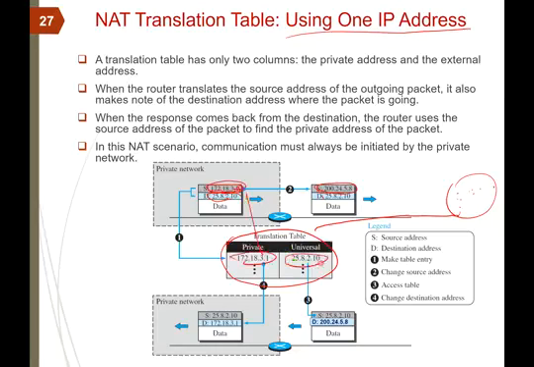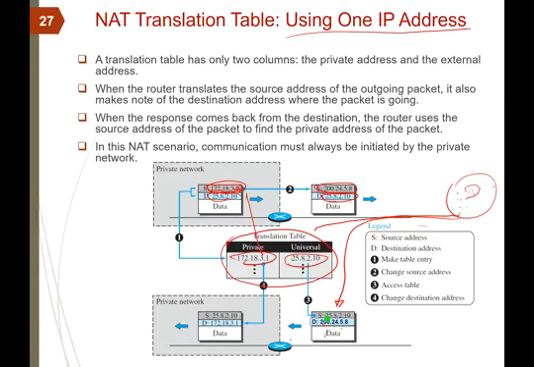This IP requested this IP, so this is stored in the router. When the reply arrives, the source is the destination that you wanted, and the destination is the router. So the router will check in its table who requested this IP.